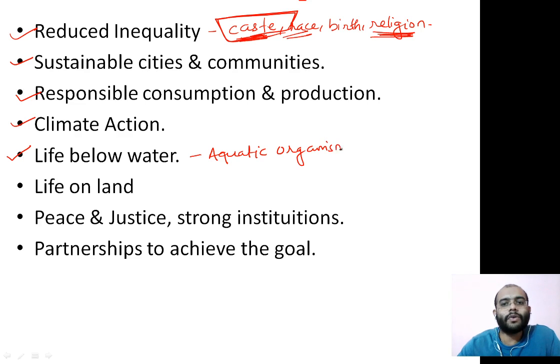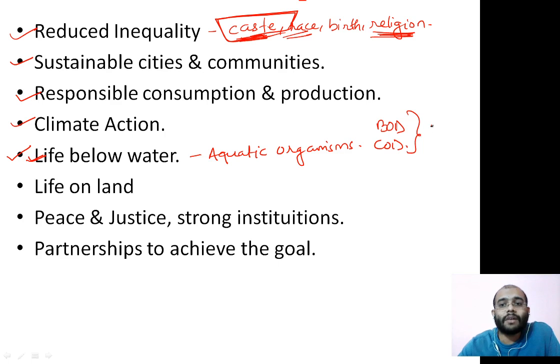Their life is under threat because of increasing pollution, increasing dumping of solid waste into water bodies and oceans, and increasing dumping of chemical wastes from factories and industries into freshwater bodies, increasing the BOD and COD of the waters.